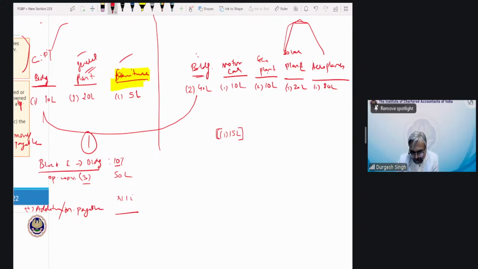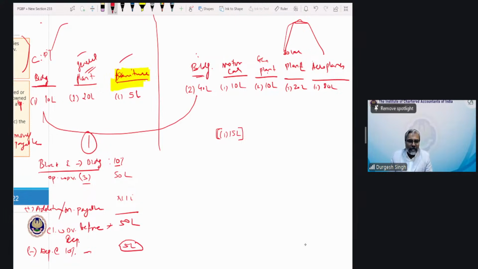So therefore 50 lakhs is your closing WDV before depreciation. I hope that all of you are clear. And from this you will reduce depreciation at the rate of 10%. This is 5 lakhs. Next year opening WDV 45 lakhs.